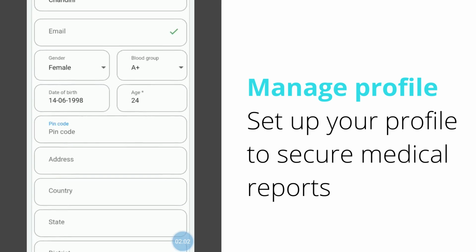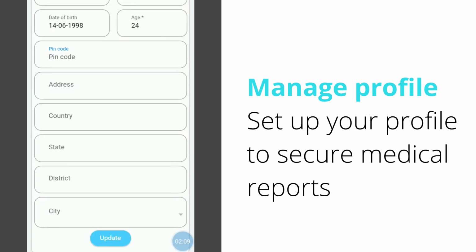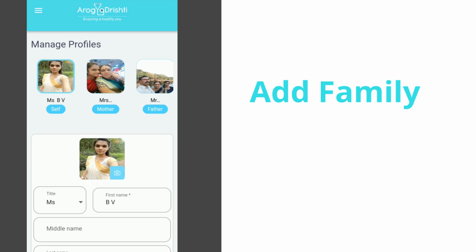Please note, out of all these fields, age and the first name is mandatory to fill. Once that is done, you can click on this update button and your profile is all set.